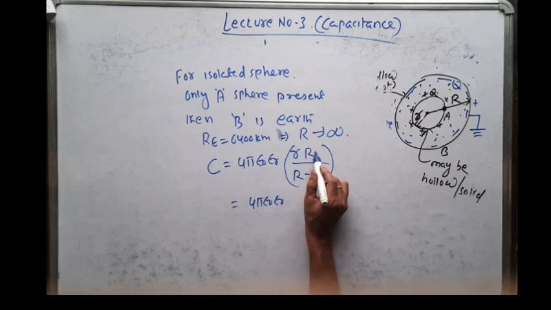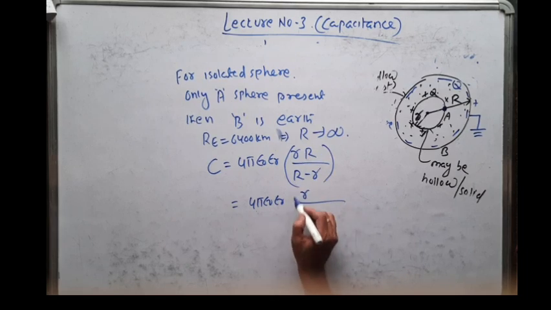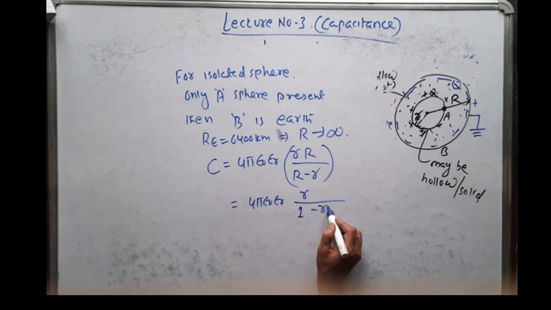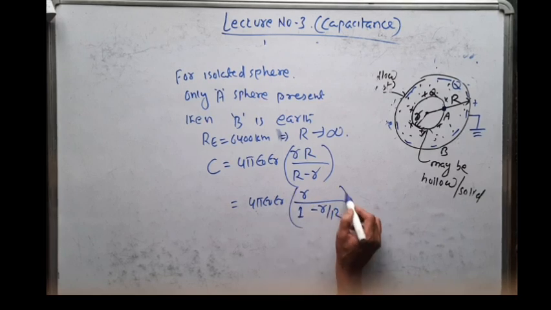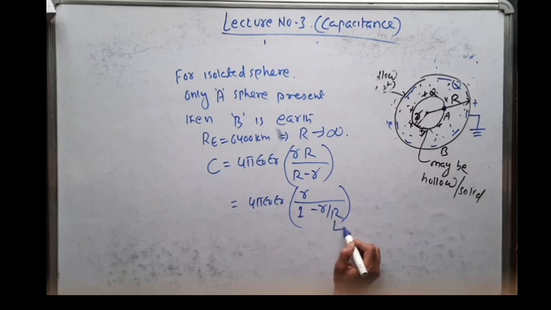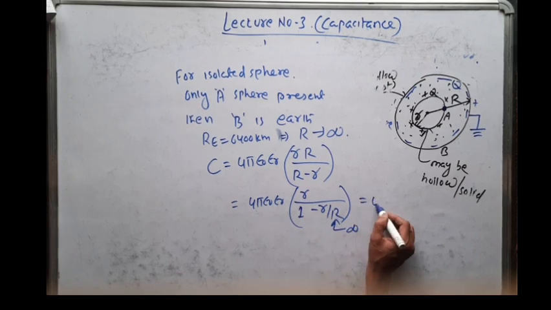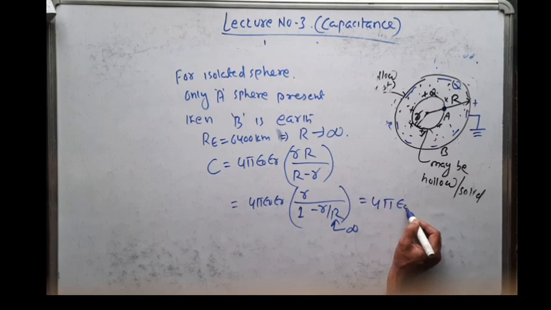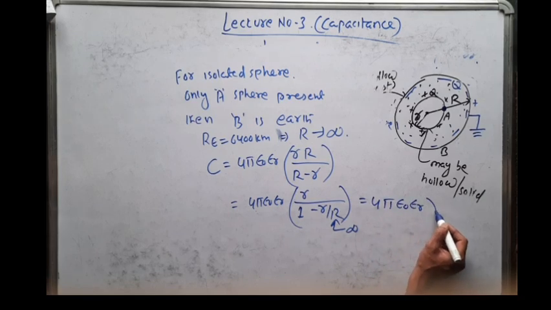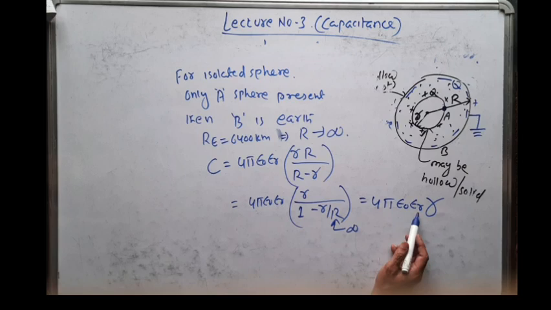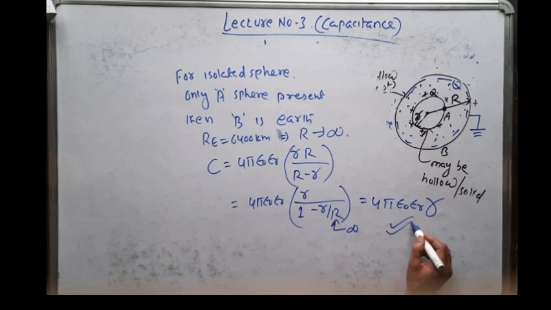In the numerator, R divided by R is equal to 1, and the denominator is 1 minus small r by R. But this R tends to infinity, and something divided by infinity is 0. So the capacitance of an isolated spherical conductor is equal to 4 pi epsilon naught epsilon r into the radius of that conductor. I have already derived it in the previous lecture.